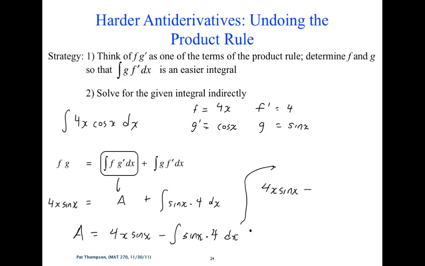Easy antiderivative here. The antiderivative of minus 4 sine x is plus 4 cosine x. And then since this is indefinite, we're talking about all possible antiderivatives, therefore we need plus c.